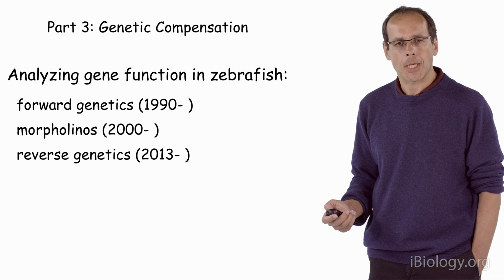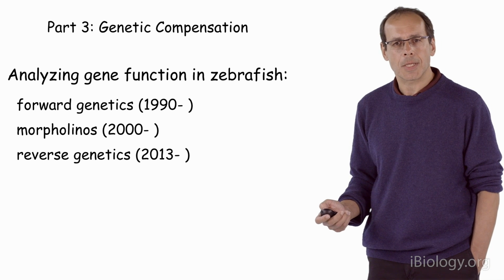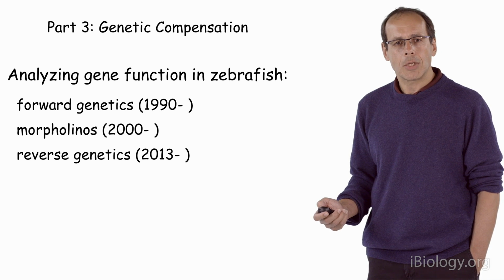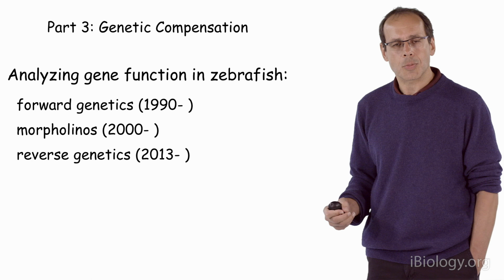And then in the third part, as I mentioned, the original way that genes were analyzed in zebrafish was through forward genetics, and then about 10 years later, people started using antisense reagents and analyzed the function of a large number of genes. When reverse genetics techniques became available just a few years ago, some of these genes, whose function had been analyzed using morpholinos, were revisited using TALENs and CRISPRs.